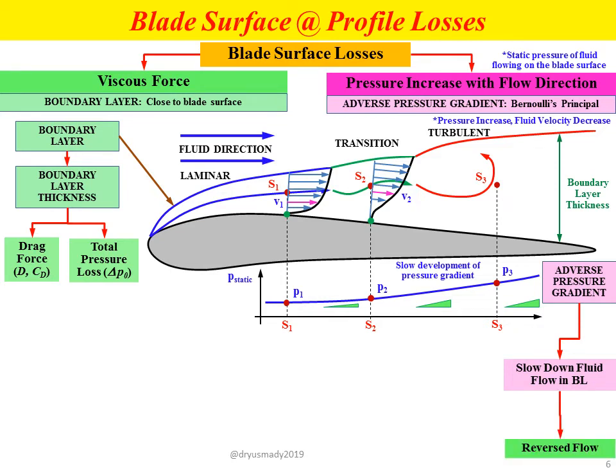Further, when the pressure keeps increasing at S3, we will have reverse flow, where the velocity sometimes becomes zero, sometimes the velocity will have reverse direction, as represented by the pink color arrow, V3.